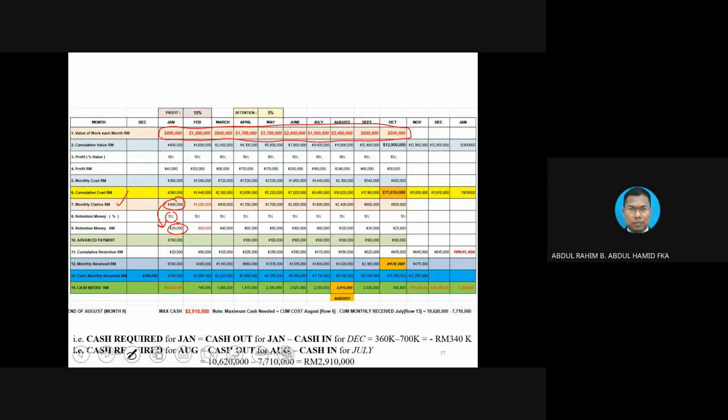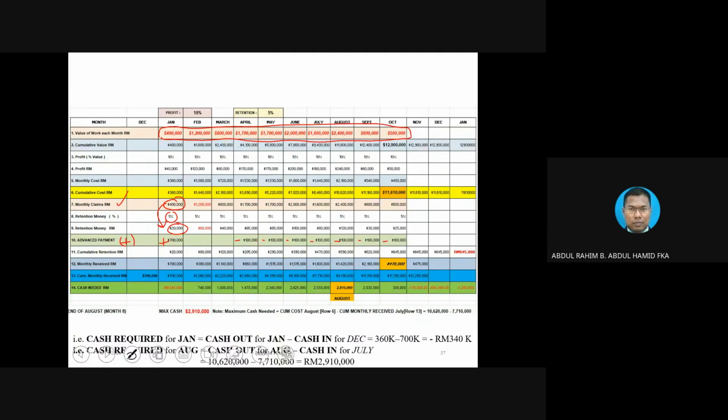And then advance payment. Remember, advance payment is the money that goes into the contractor account at the beginning of the project. I would say this is the plus, additional money coming in. But then you notice, we are going to return it back to the client. This is negative, negative, negative for 7 months.